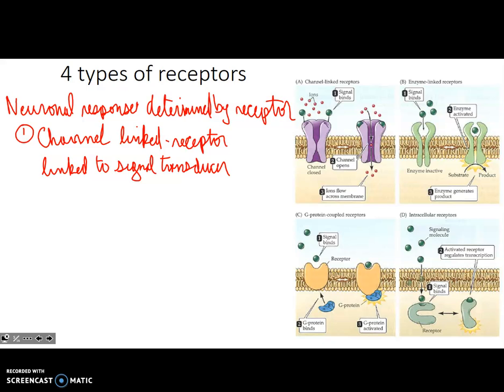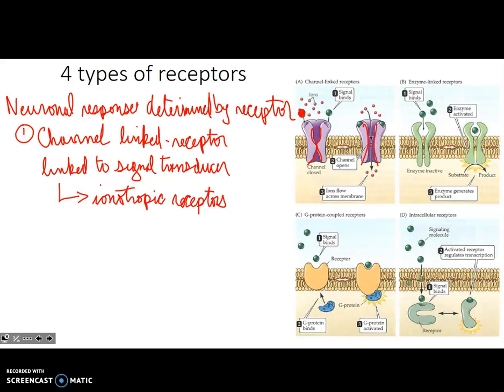Like I said, we've seen a lot of these because these are our ionotropic receptors. Ligand binding here causes this channel, which is typically closed, to open up, form a pore, and now ions can get in.